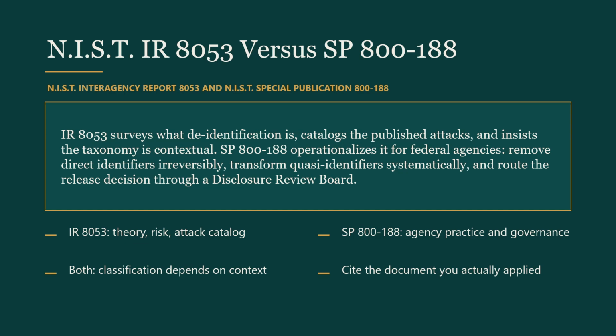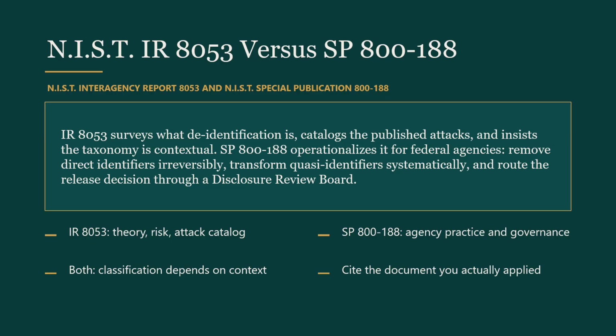It says direct identifiers come out irreversibly. It says the technical work is the systematic transformation of quasi-identifiers. And critically, it wraps the whole thing in governance, a disclosure review board that decides, on the record, which release model applies: public release, restricted access, or a controlled enclave.